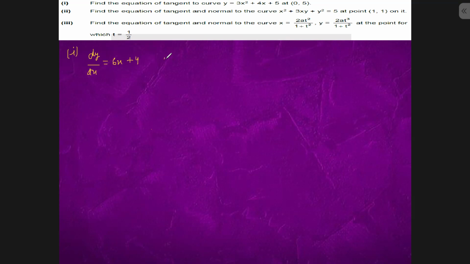So dy by dx at point (0, 5) is 4. So the equation of tangent is y minus 5 over x minus 0 equals 4. This is y equals 4x plus 5.